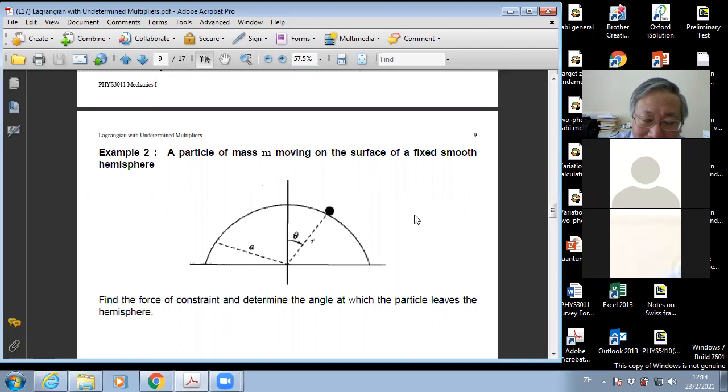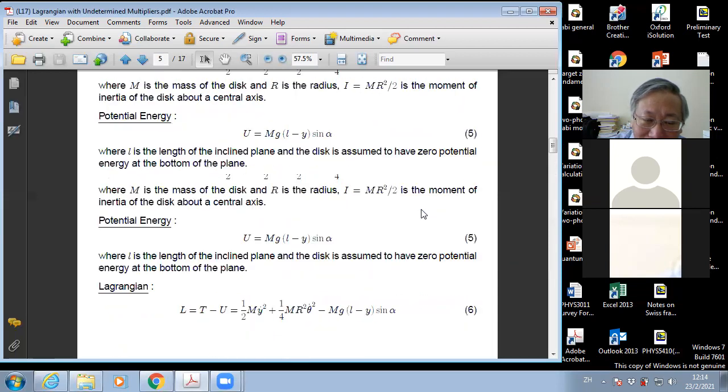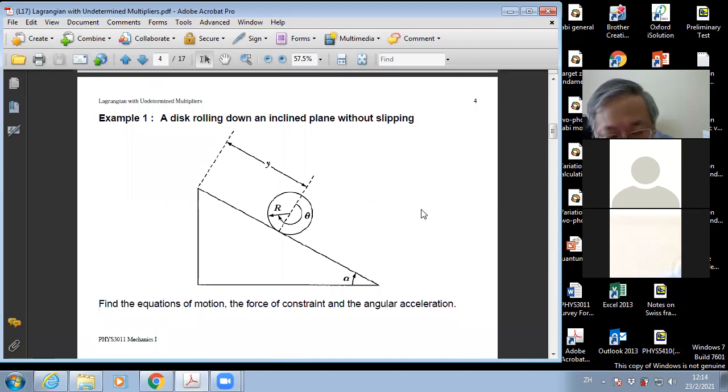Can you hear me? Yes. For question 1, I think we could use torque to solve the problem. We write the gravitational force component along the surface, along the plane. Then we can apply torque equals I alpha. Then I think we can get the force of constraint too.